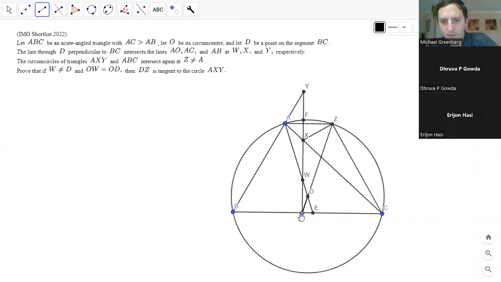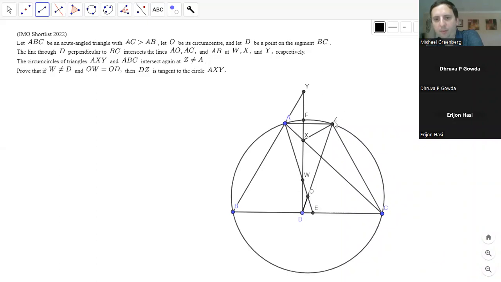So given a point D, I'm wondering if we could redefine it somehow. So OW equals OD. We could define Z to be the intersection of DO with a circle.